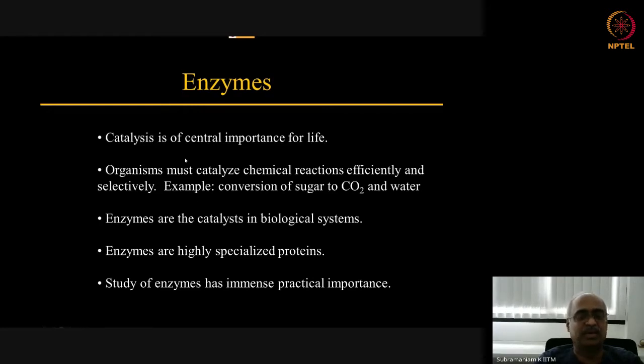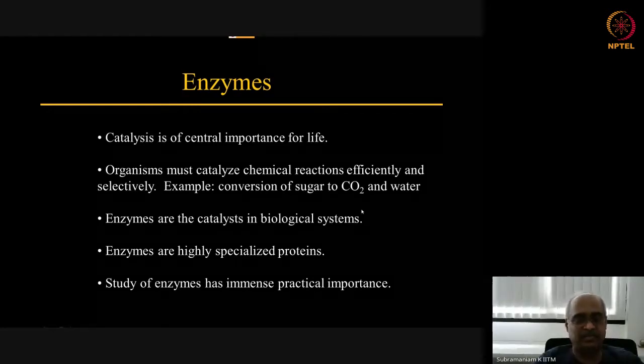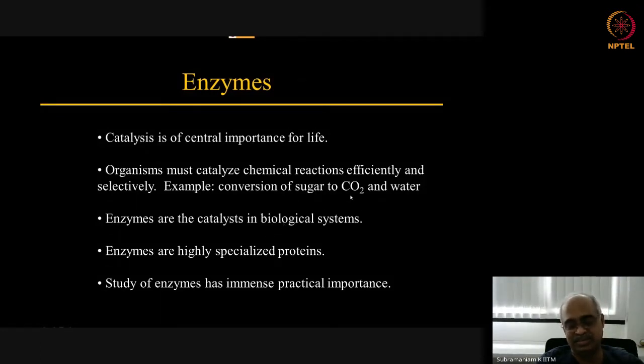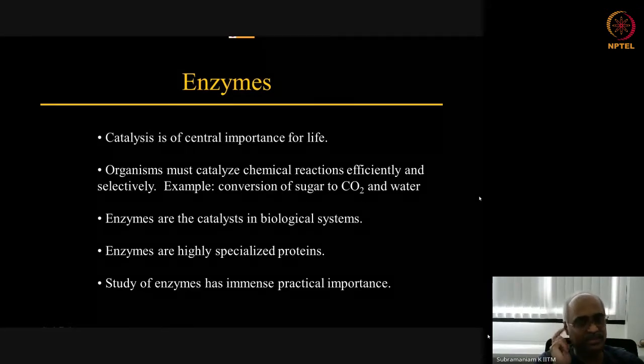Here I have given a big global example, like conversion of sugar ultimately through a large series of steps to carbon dioxide and water, the simplest products that you find in the environment from which sugars can be assembled. So the enzymes that catalyze this series are not going to do any other such conversions.